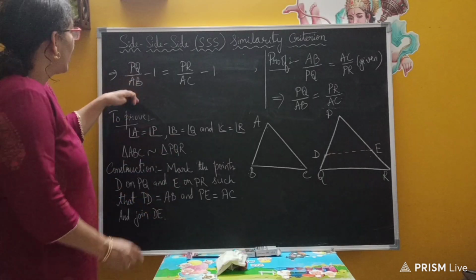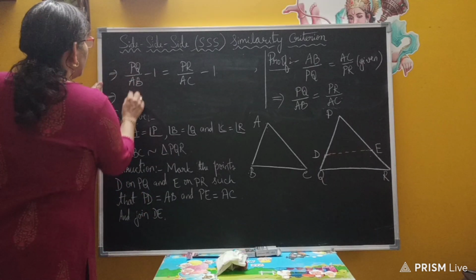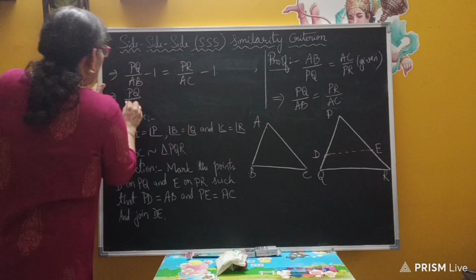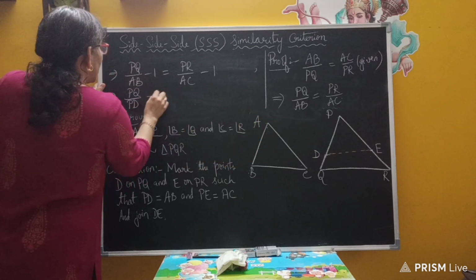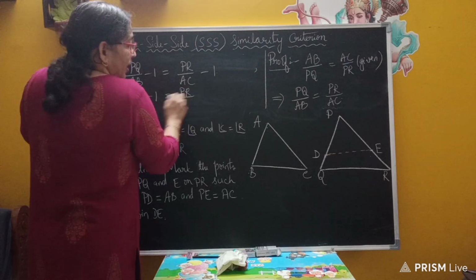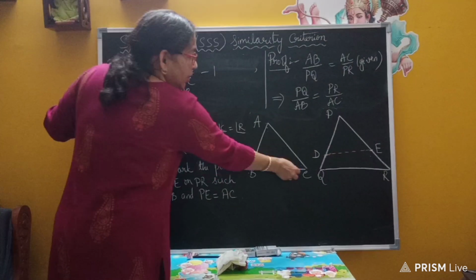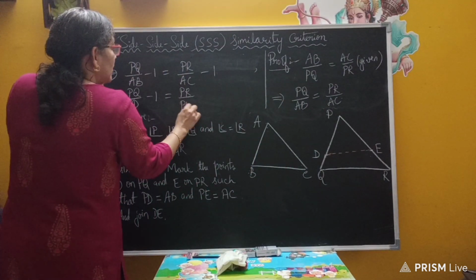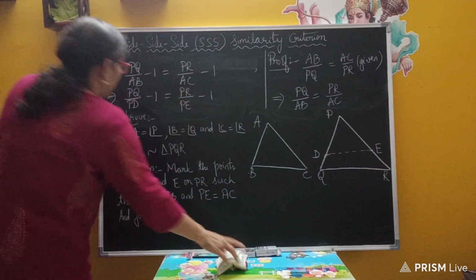Okay, so in case of PQ by AB, I will write PD, minus 1 is equal to PR by AC, which is nothing but PE. So I write PE minus 1.